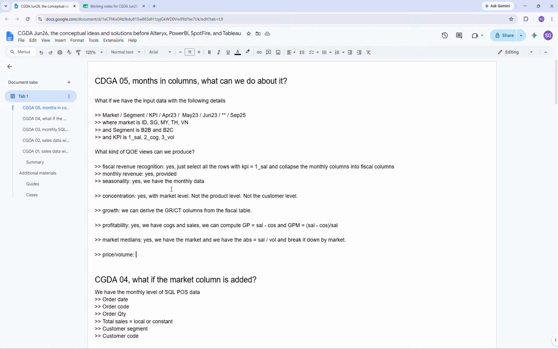Price volume, yes, of course. Yes, we have sale one, volume one, and average basket size one, and also sale two for the next year, volume two, and average basket size for year number two, and then we can compute the difference.